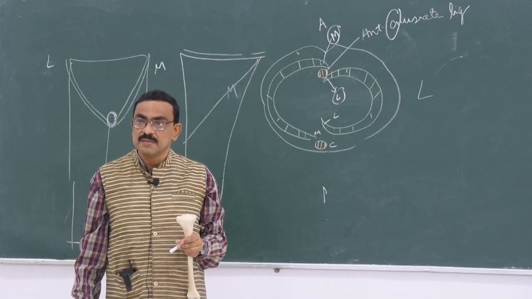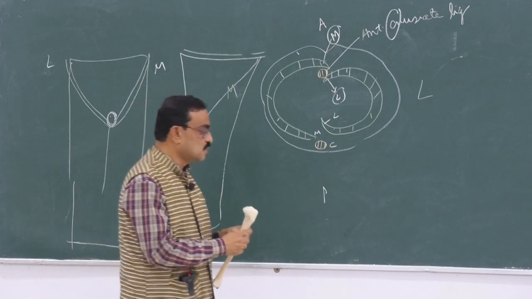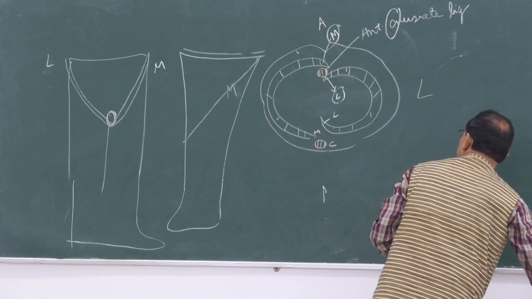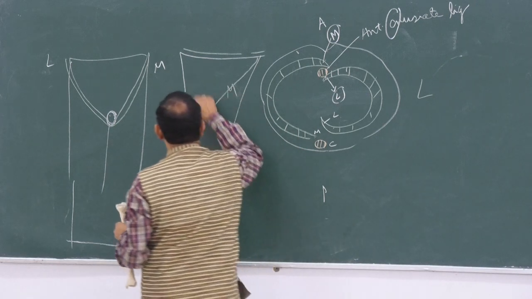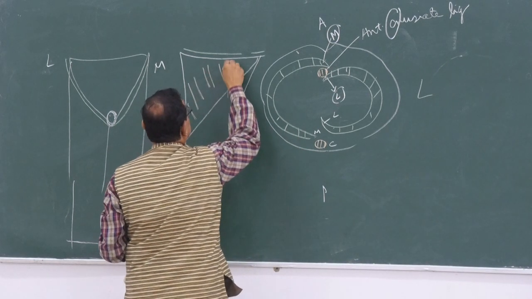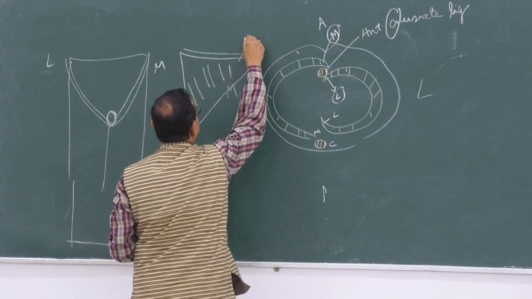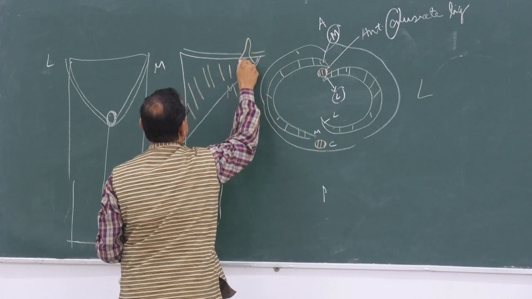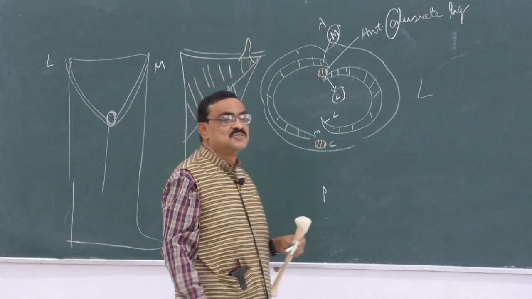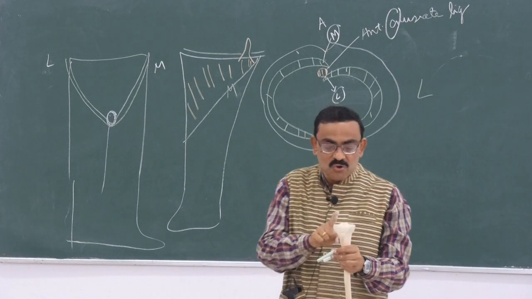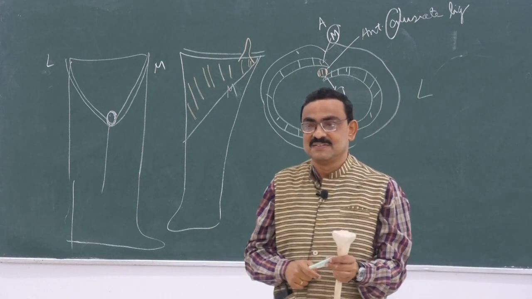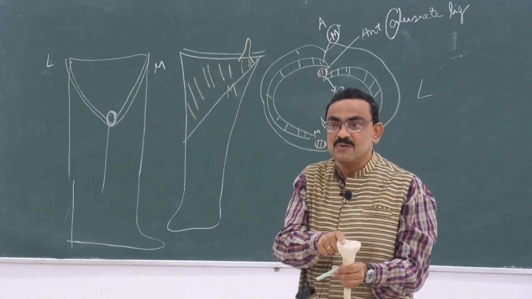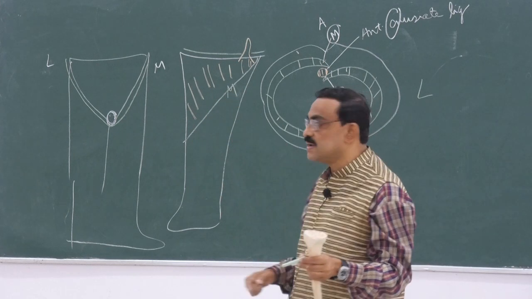Okay, because there is one muscle which is attached here, it forms a tendon and goes inside the joint and is attached with the semilunar cartilage, that is the popliteus muscle.